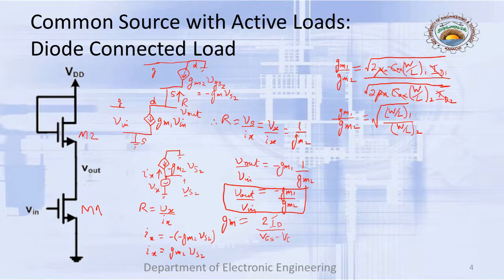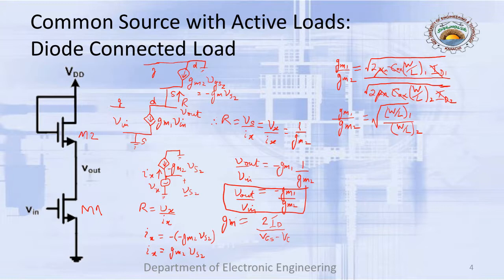And from the common source, we know that the gain of the circuit is in fact Vout over Vin, because this is the point where we take out the Vout. So Vout upon Vin is equal to minus gm1, that is the gain of this circuit, multiplied by the resistance present at the drain of the transistor.